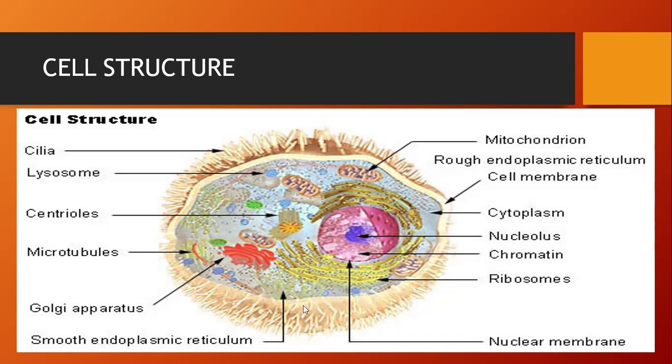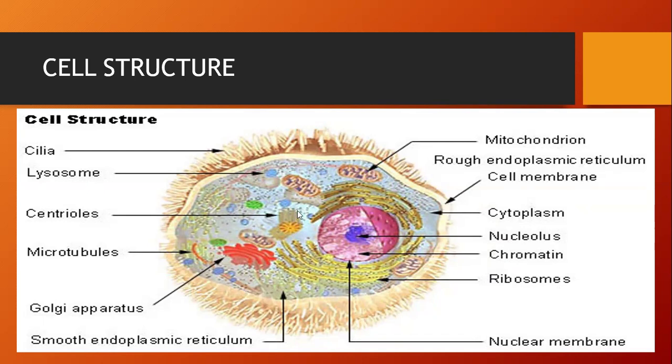The difference is that the rough endoplasmic reticulum contains more ribosome. Later on, we're going to talk about the function of the ribosome, but take note that the rough endoplasmic reticulum contains ribosome, while the smooth endoplasmic reticulum lacks ribosome.